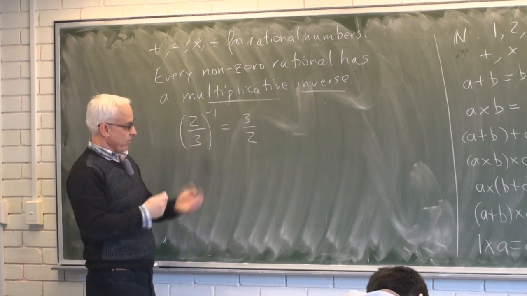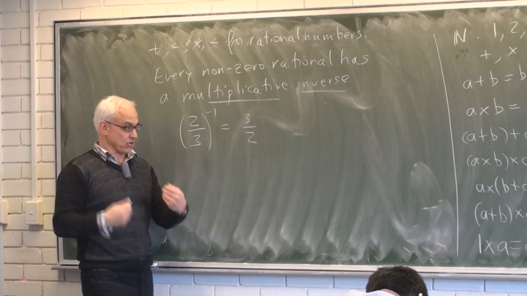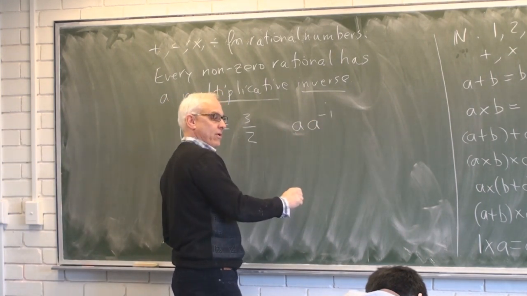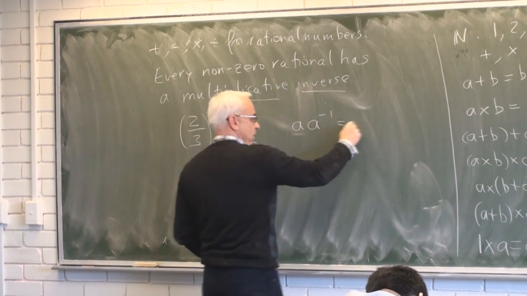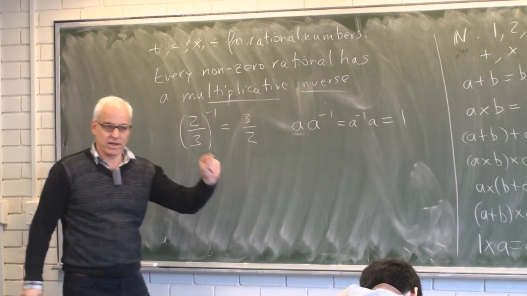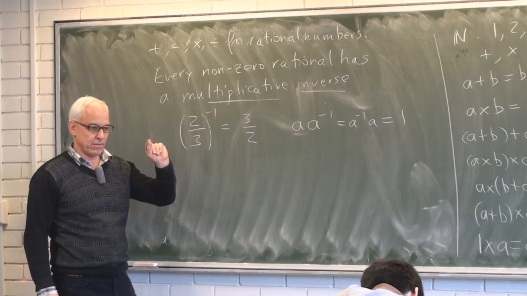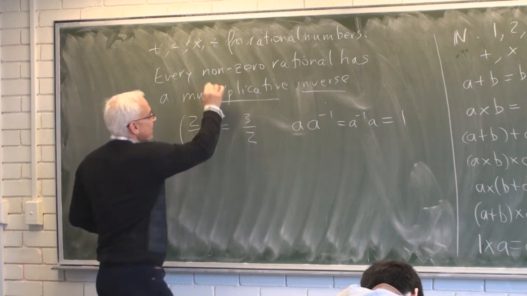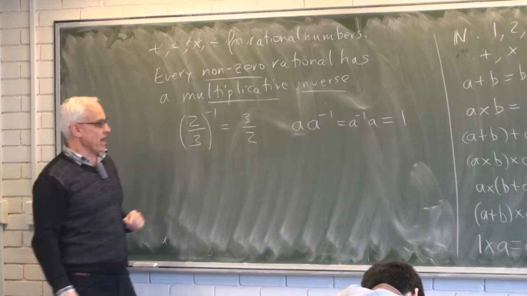And the crucial property that we want a multiplicative inverse to have is that when we multiply A times A inverse, or A inverse times A, we should get 1, the multiplicative identity. And it's important to say that every non-zero rational has this property.